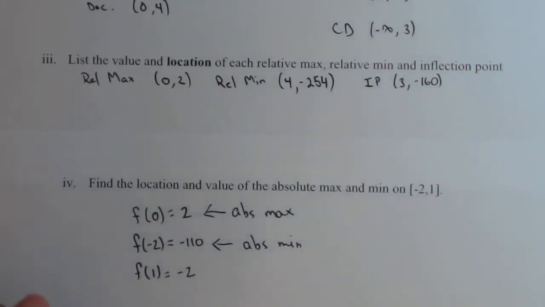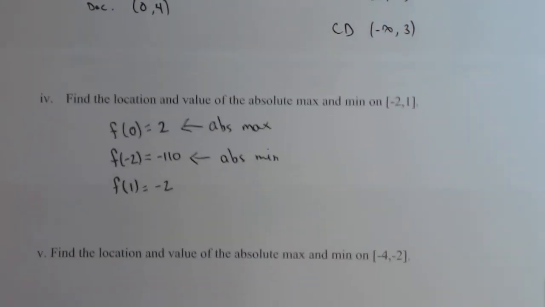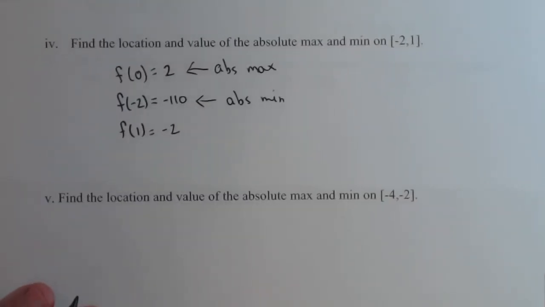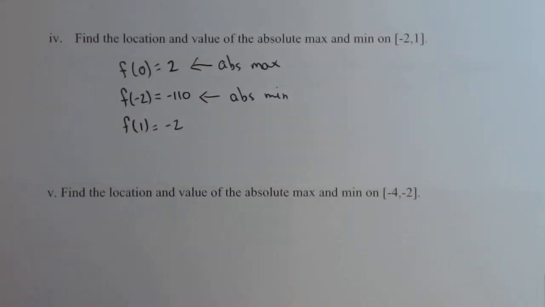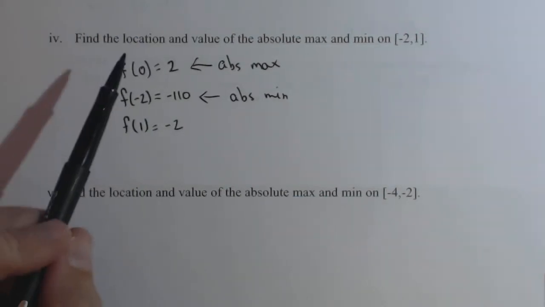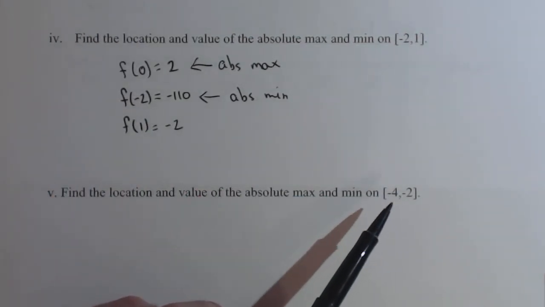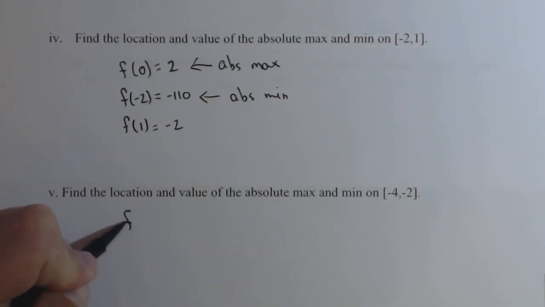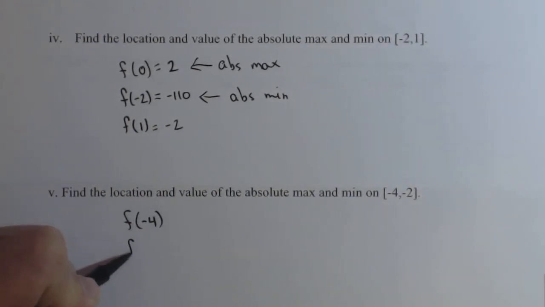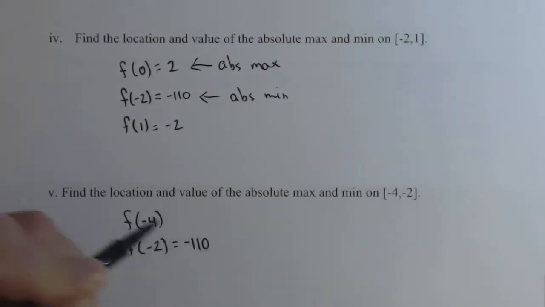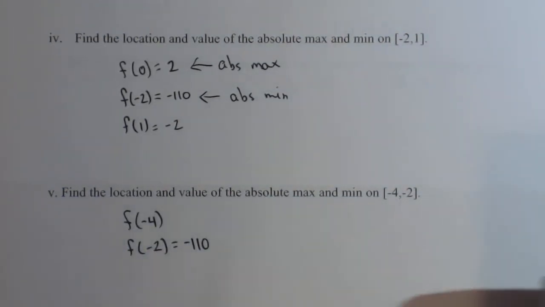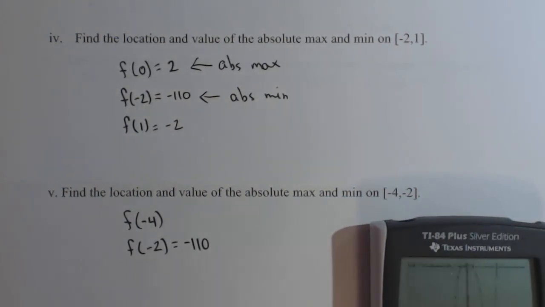I'm going to change up the interval just a little bit: negative 4 to negative 2. Now, the interesting thing here, remember our critical points were at 0 and 4. Neither of those is in our interval, so all we have to check are the endpoints. Negative 2 we've already done. It's negative 110. And we can do the same for negative 4.